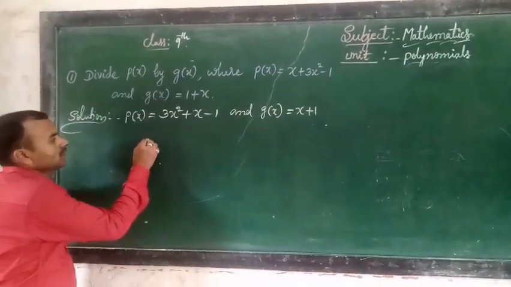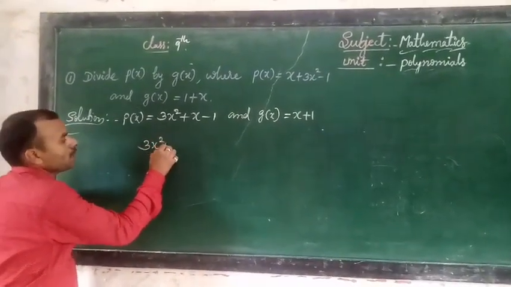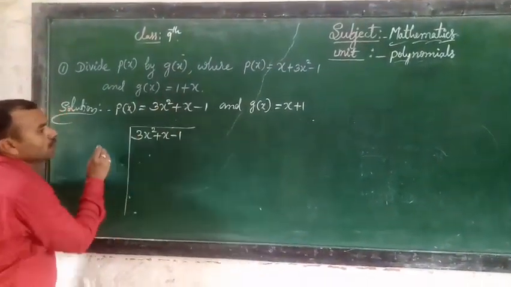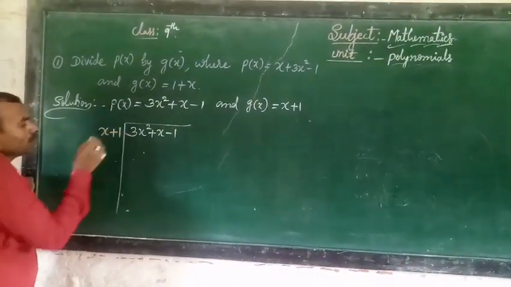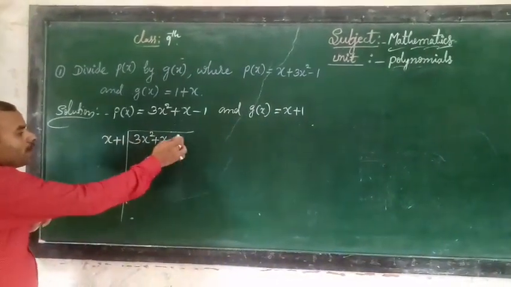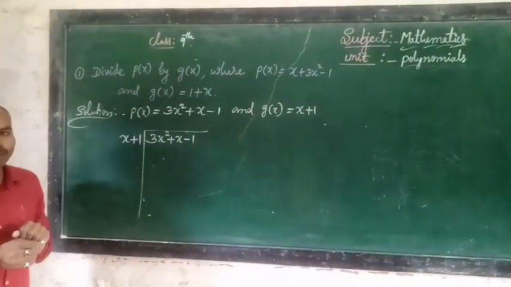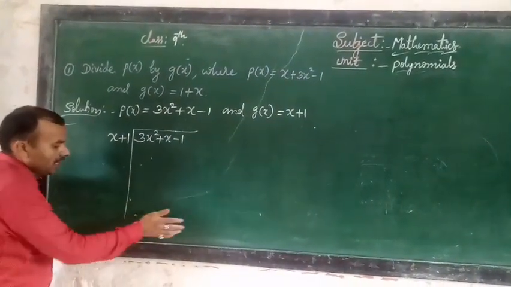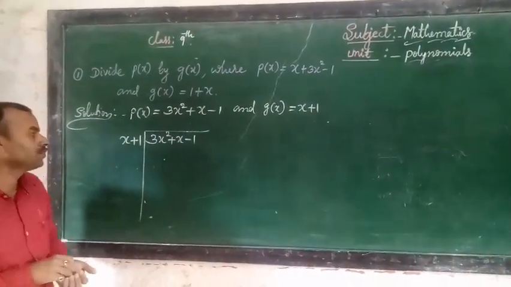We write this 3x square plus x minus 1, and in this method we write x plus 1. This is the dividend part and this is the divisor part. This will be the quotient part and finally we get the remainder.